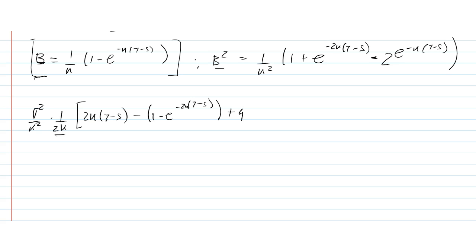Because I'm making this 2k appear, I just need to be careful with the other terms to still hold the equality. Now this 2k here will help me make some of the other terms appear here.